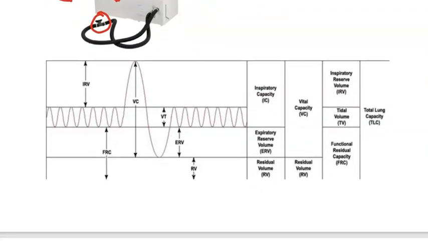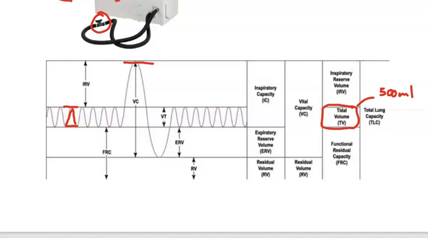The kind of trace which is obtained by either method looks something like this, where this volume here is the inhaling and exhaling, known as the tidal volume, which is approximately half a litre or 500 milliliters. If you ask a person to inhale as much as possible, the trace would go to this level.